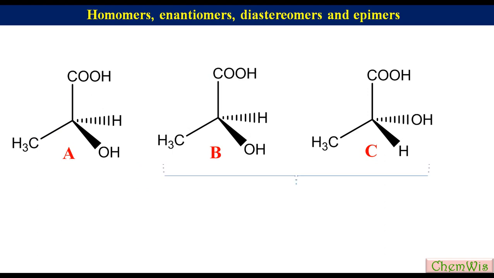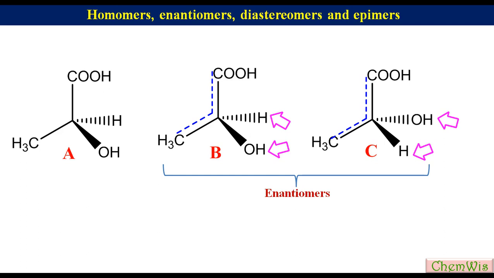Relation between B and C. Orientation of parent chain is the same in B and C, but the orientation of OH and H is different. So, B and C are enantiomers. We can find this relation in a different way.